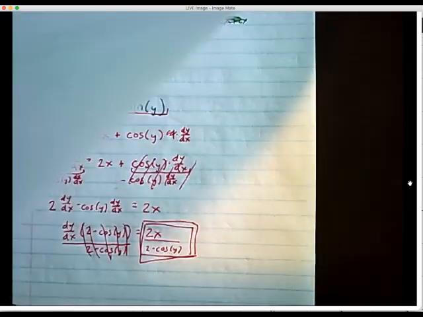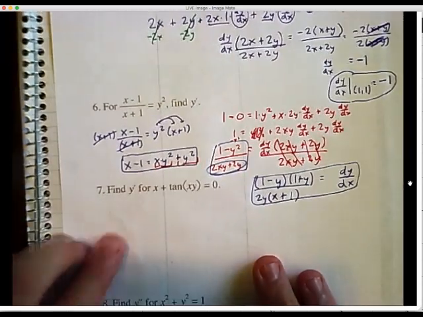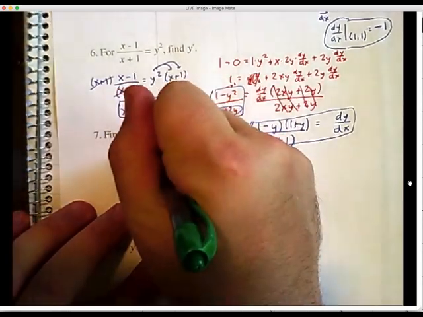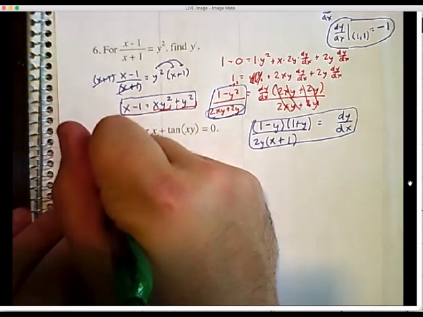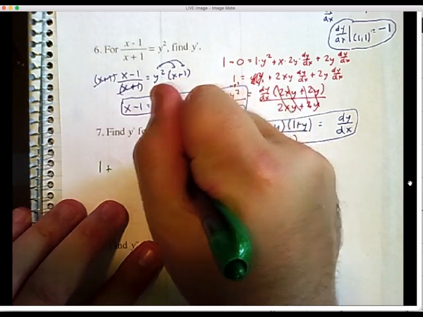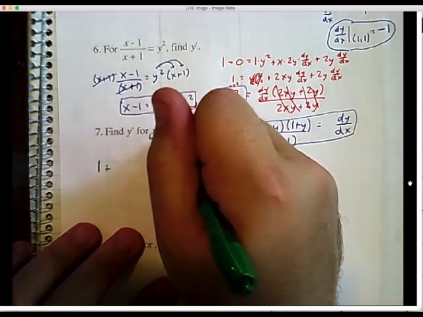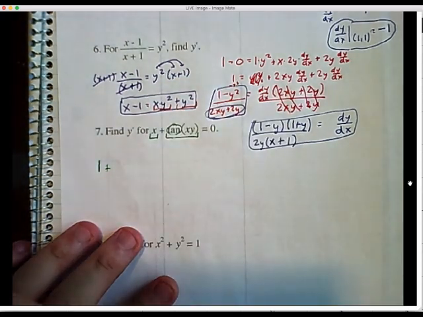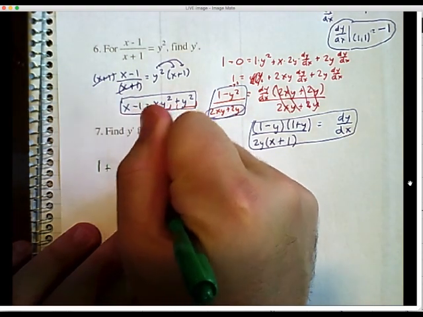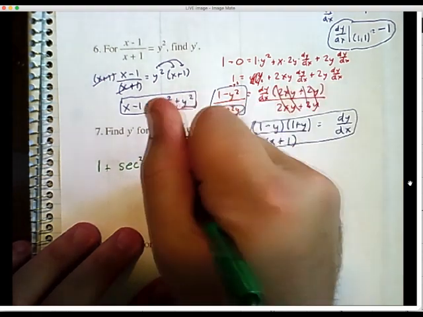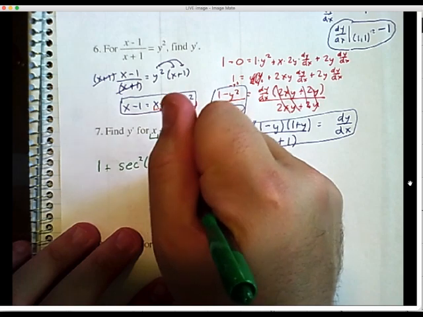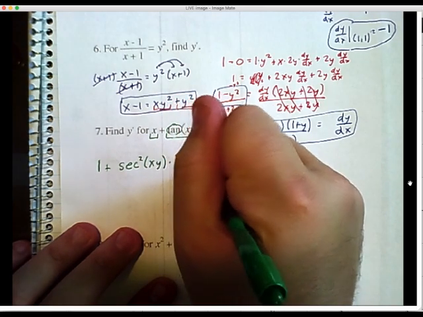All right, two more problems here. It says find the derivative for this thing. So let's just take one piece at a time. Derivative of x is 1. Plus, okay, the derivative of this requires the chain rule. So tangent is the outside function, so the derivative of tangent is secant squared of whatever's inside, times the derivative of xy.